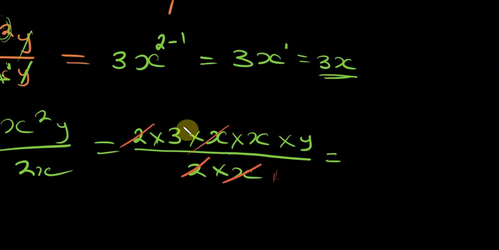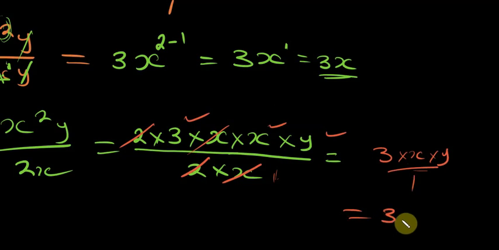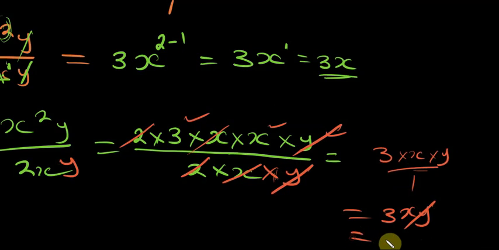At the top we have 3 and x and y, so 3 times x times y over 1, which is the same thing as 3xy. And right here we forgot a y, so multiplied by that y, the y will cancel out, and we'll only have 3x as our final answer.